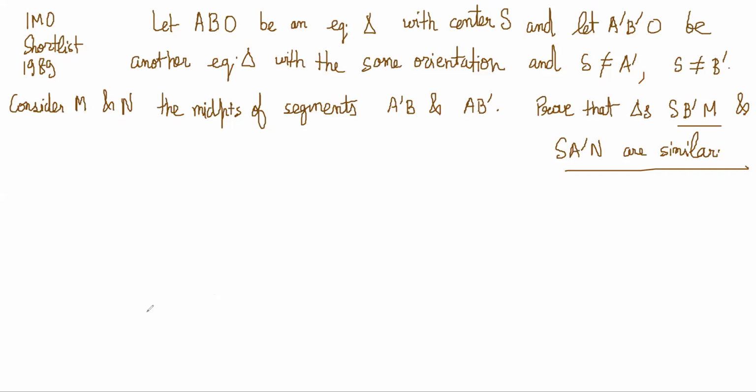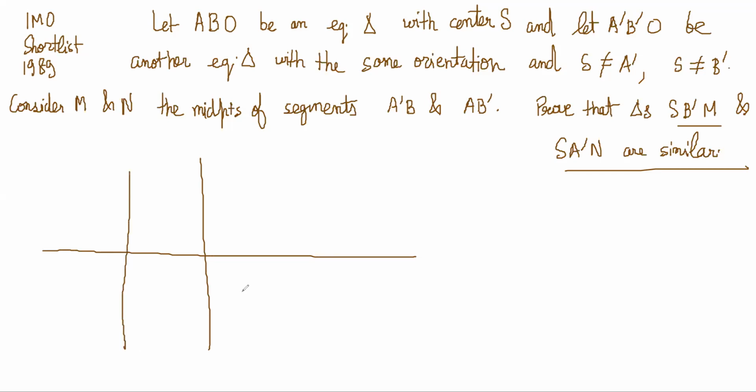So let's draw it. Let's say this is A, this is B, this is O. ABO is an equilateral triangle. Center is S. Let's say this is the center S. A dash B dash O is another equilateral triangle with the same orientation.